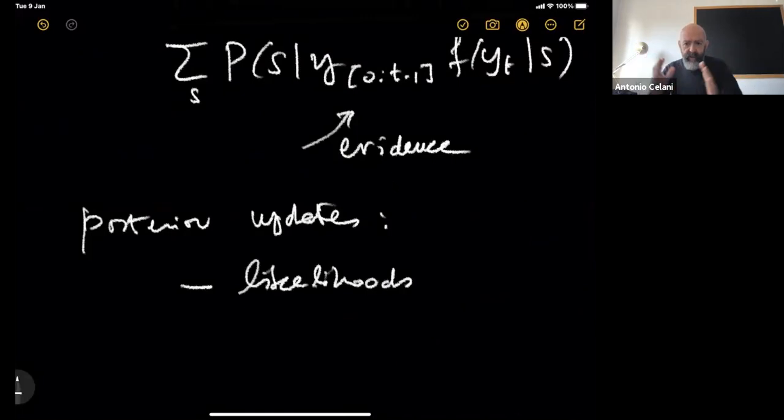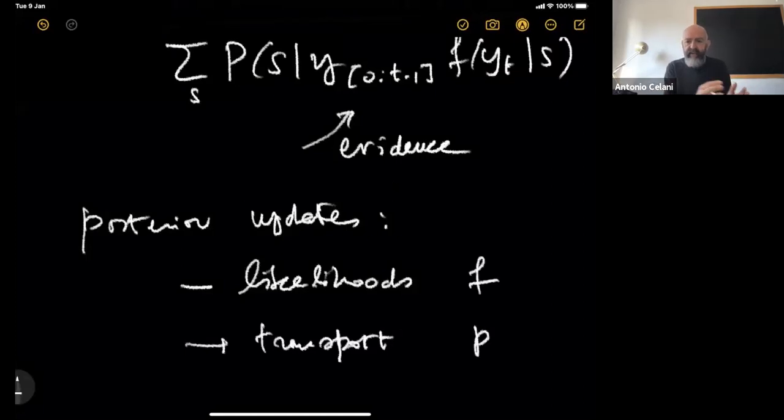So the more we know, the more the belief shrinks. But then we have also the transport of belief, of likelihoods, of posteriors. Transport means that if states change, the posterior follow this change. And since the system is stochastic, this tends to spread out the posterior.